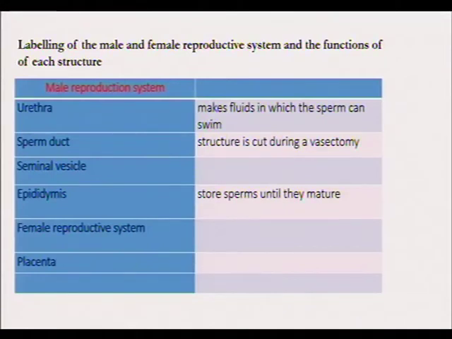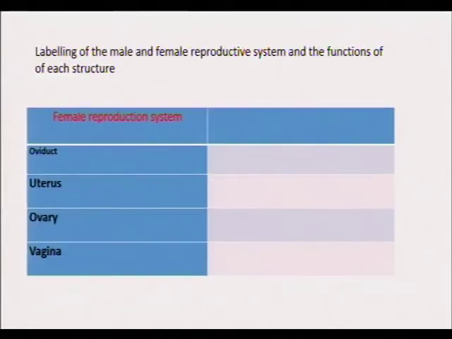The seminal vesicle is the structure which makes fluids in which the sperm can swim. You can do the same for the female reproductive system. You create a little table where you indicate the structure and then explain the function of the structure.